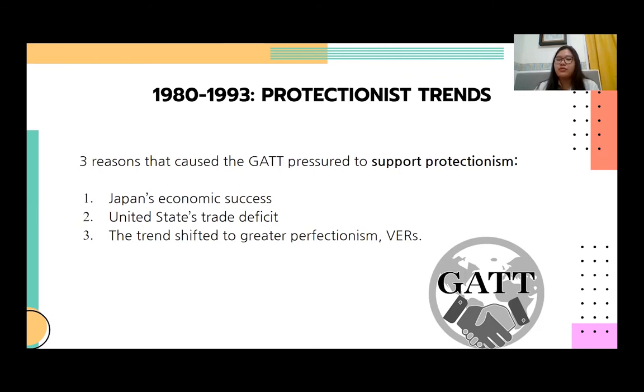Exporting countries agreed to VERs to avoid more damaging tariffs. For example, the VER between Japan and the US to end their trade war pressed Japan to limit its auto exports into the US as a way of defusing growing trade tension.